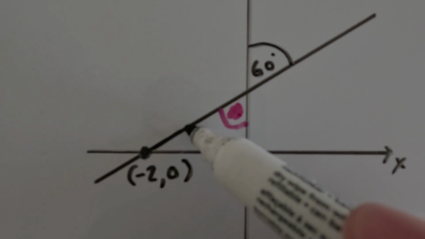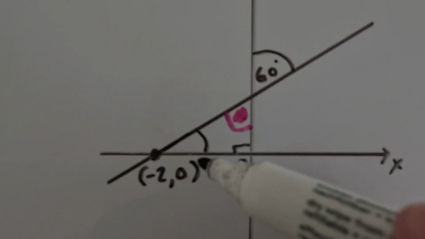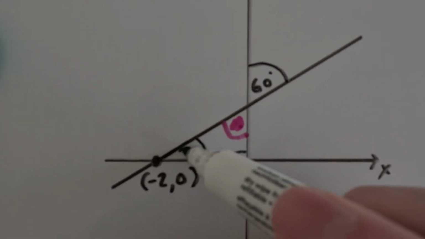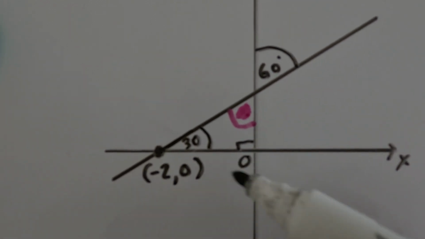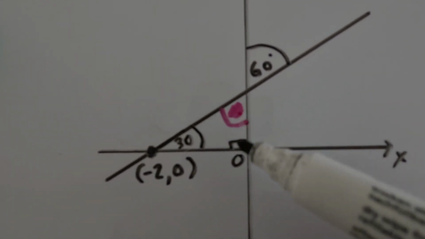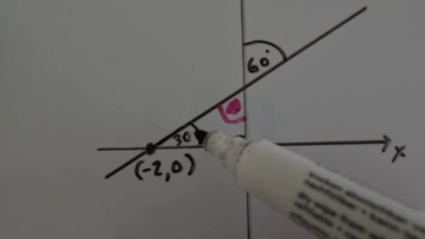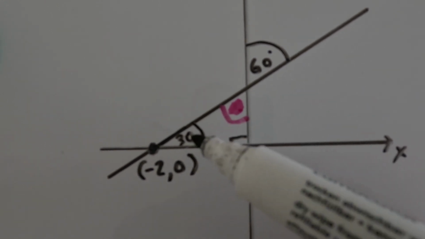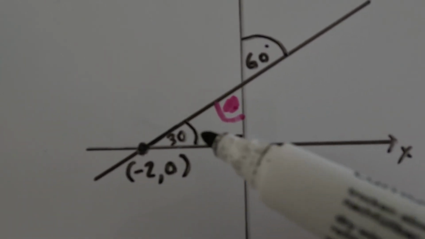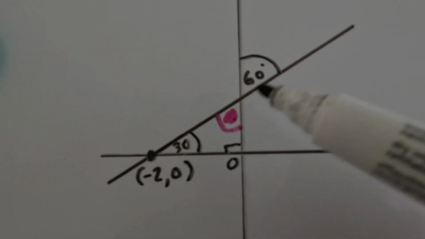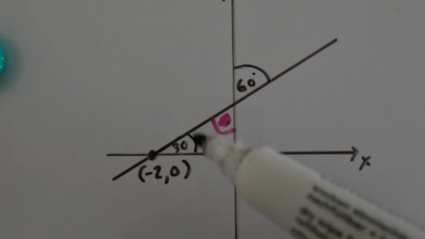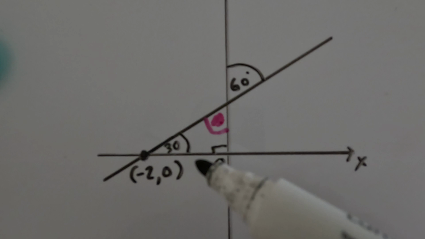Then that means that this angle here is 30, right? Because the angles of a triangle add up to 180, so 60 plus 30 plus 90. Okay, so that means the angle that the line makes with the x-axis is 30, right?